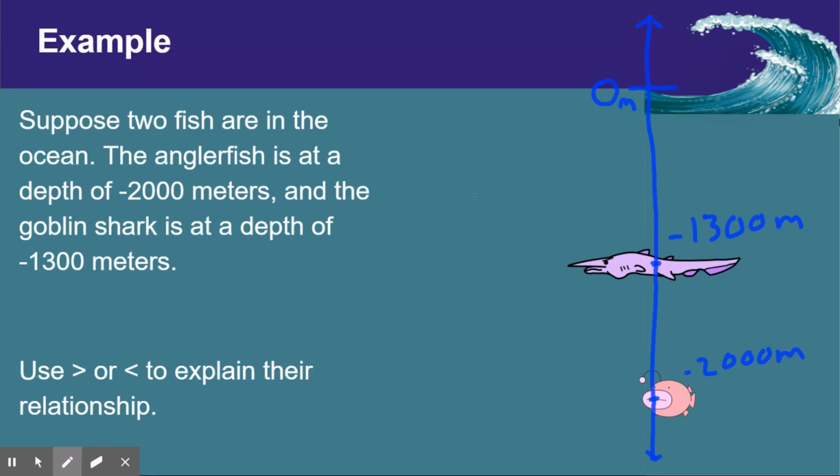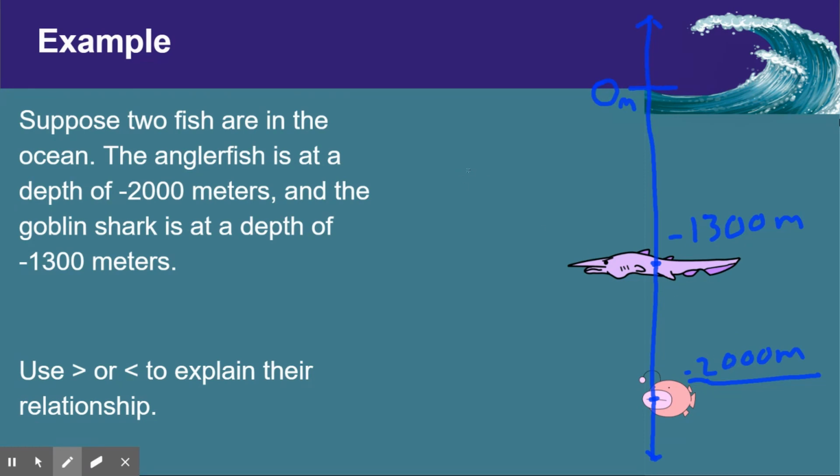So, if we think about which one of these is greater, you may be tempted to say that the depth of the anglerfish, this value here, the negative 2,000, is going to be the larger number, because normally 1,300 is going to be less than 2,000. You have to remember, though, that these are negative values.